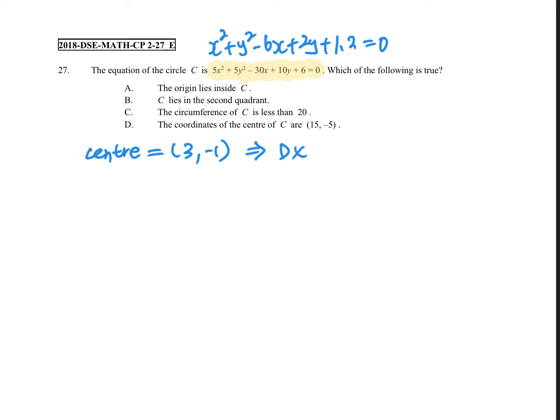And then after that, we try to find the circumference. So the circumference will be 2 pi r. And then r, we just try to recite from the formula. So it's 3 squared plus 1 squared minus the f term, so minus 1.2.